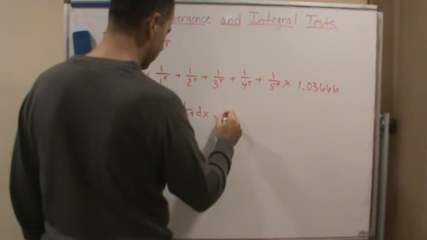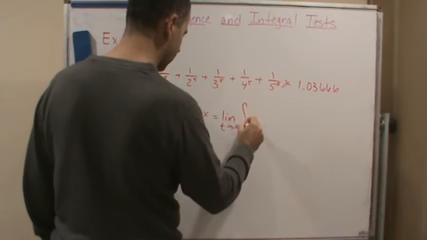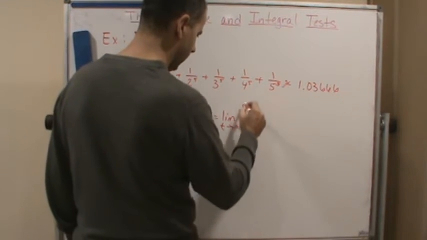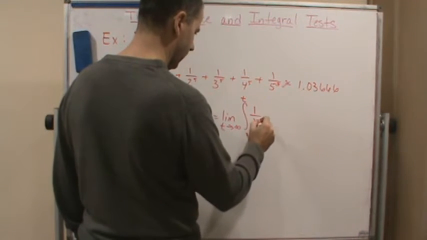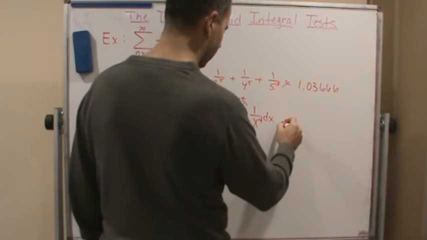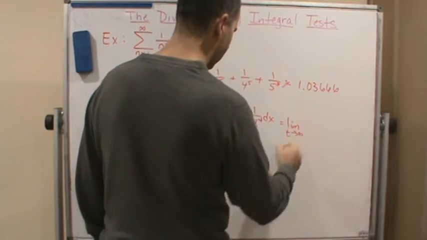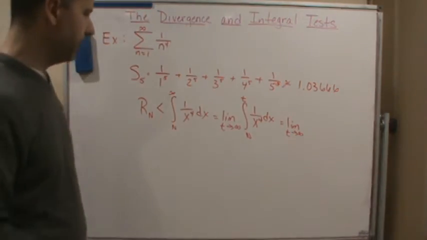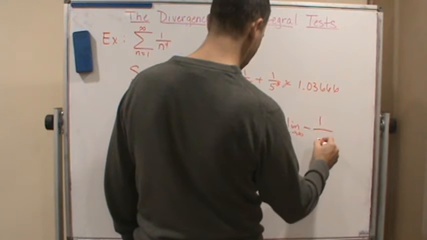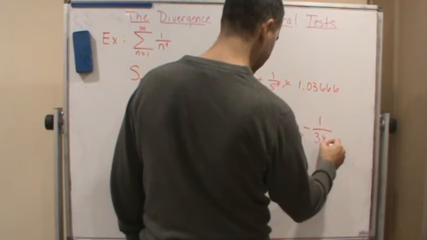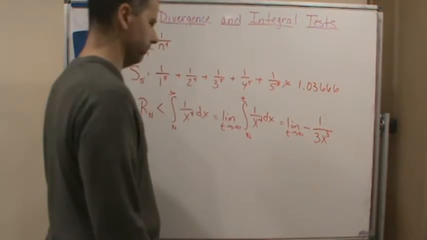And so this is going to equal the limit as t approaches infinity of the integral from n to t of 1 over x to the 4th dx, which is going to equal the limit as t approaches infinity of, well, this is going to give us negative 1 over 3x to the 3rd.